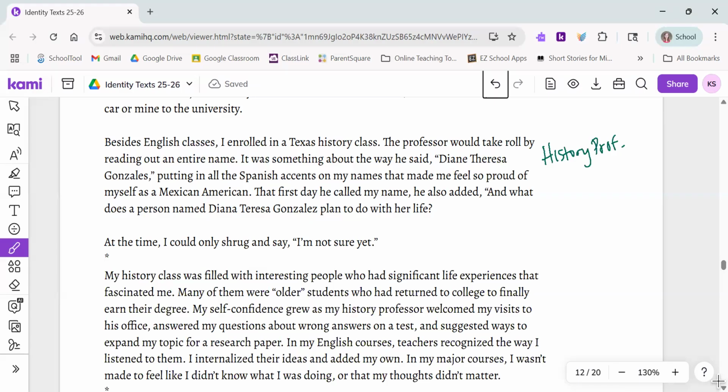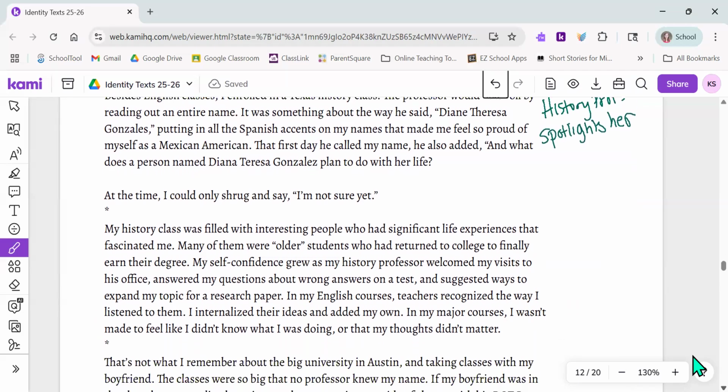History professor, I'm going to put an equal sign, spotlights her. He kind of notices her for the first time. At the time, I could only shrug and say, "I'm not sure yet." So I'm not going to do anything because that goes with this part up here, and it's not really new information. We already know that she's not really secure in herself.